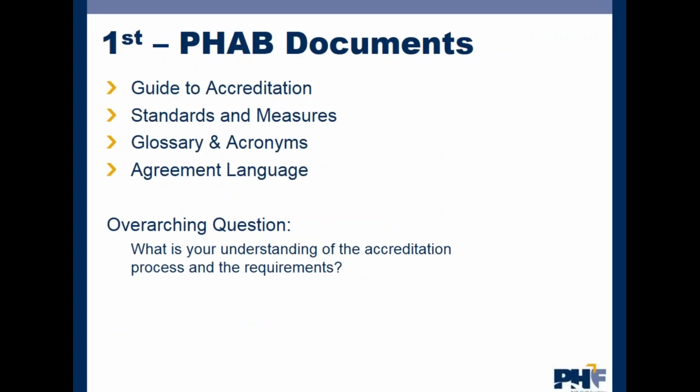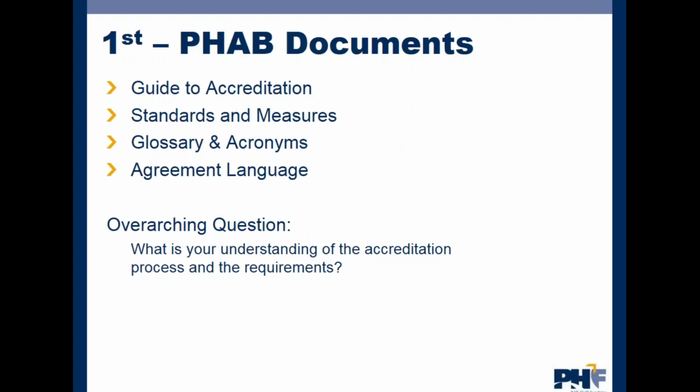So the first is just become familiar with the process, with the documents that PHAB has, and reading through the guide and knowing what the steps are, looking at the standards and measures and reading through that and getting an initial understanding of that, and what documentation you might have that could work for you. The glossary and acronyms document that goes with the standards and measures, the agreement language that you must have the health director approve when you apply, which also can be found on the PHAB website under the Overview tab.